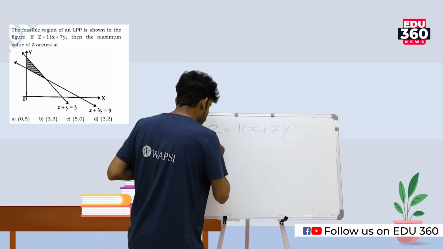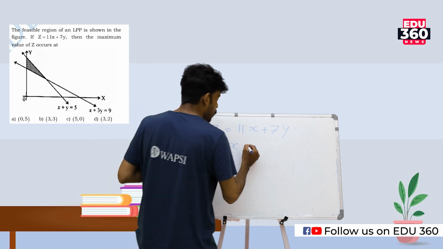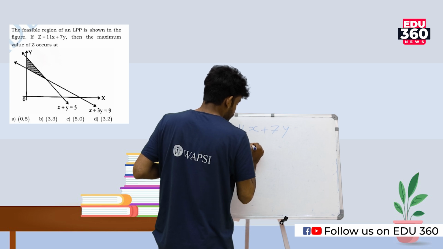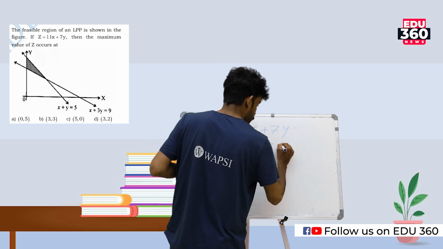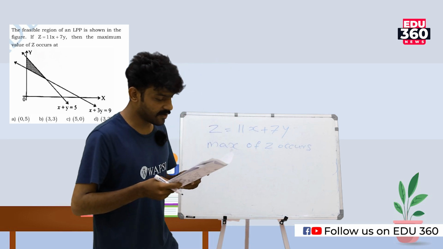We need to find where the maximum value of Z occurs.